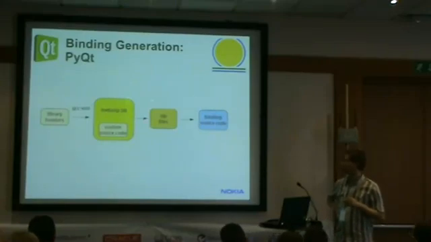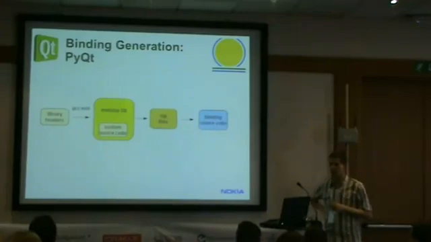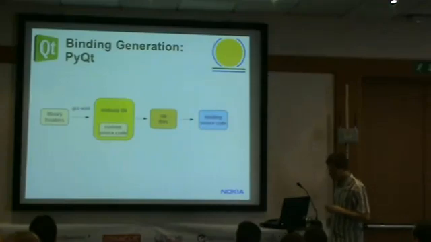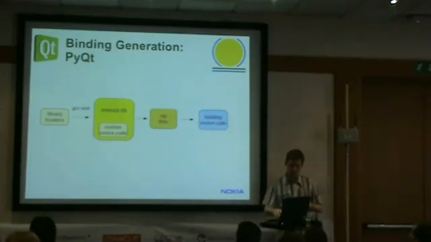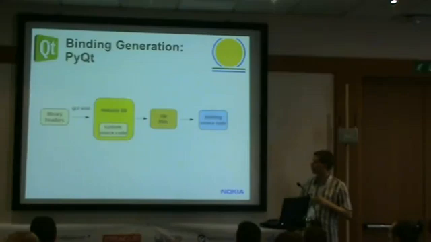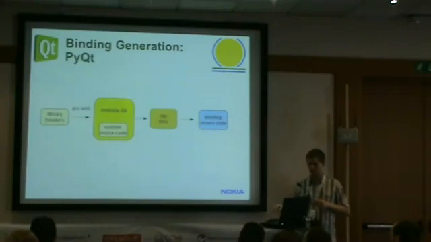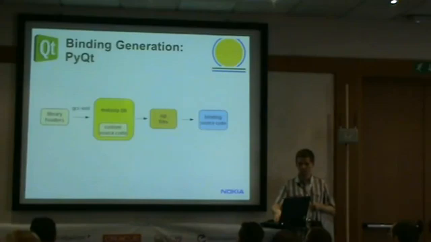The sip files are then used to create the binding source code, which is compiled to the Python bindings. And it's remarkable that the Metasip tool is not openly available. So unfortunately, it's only Riverbank who can perform this full binding generation process.